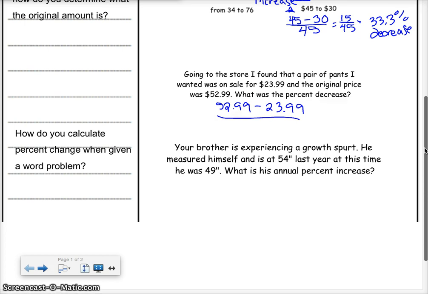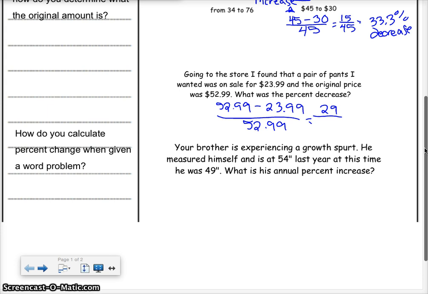A lot of kids think it's the first number that's in the problem, but no, it's where were they at first? At first they were $52.99. So 52.99 minus 23.99 equals 29 bucks. That's how much I got off. That's a big discount.